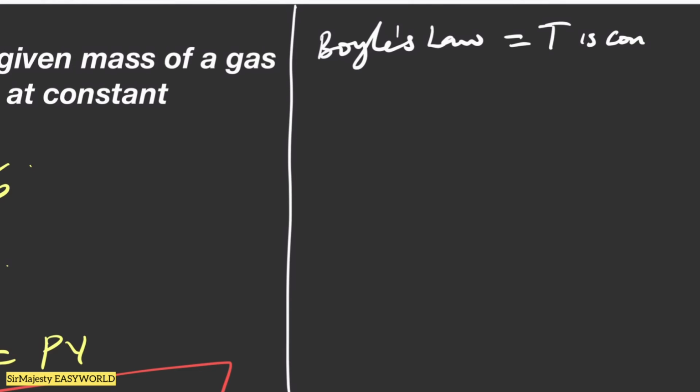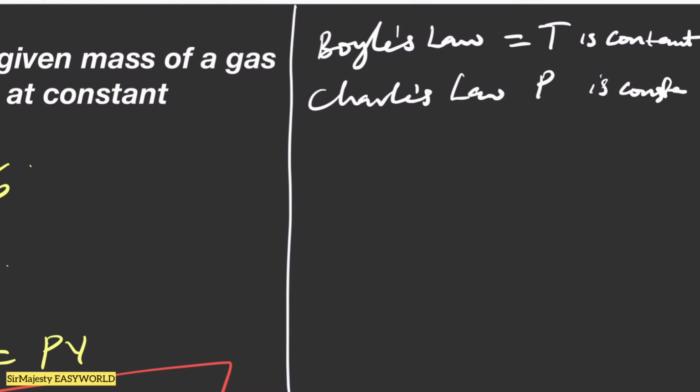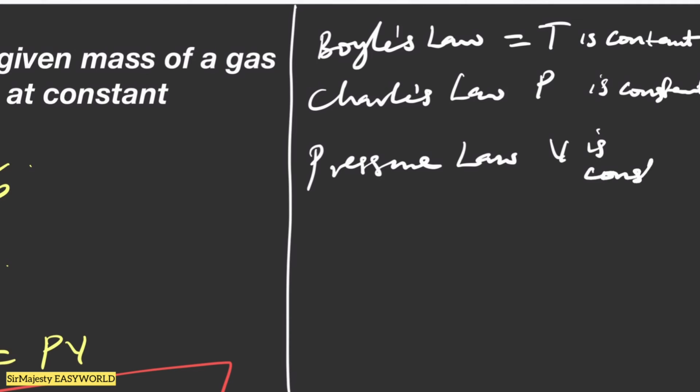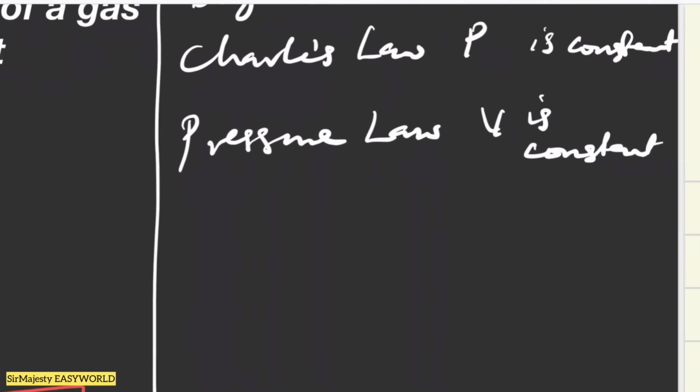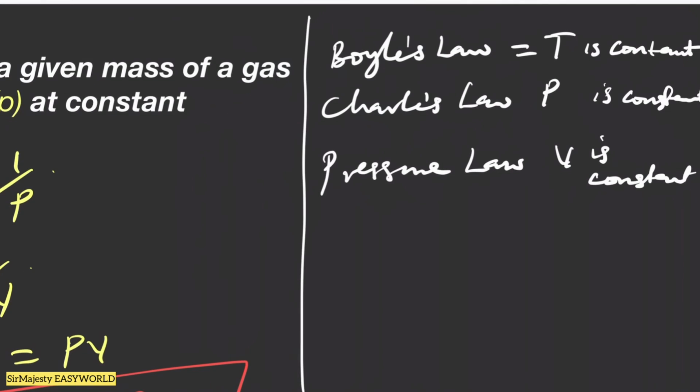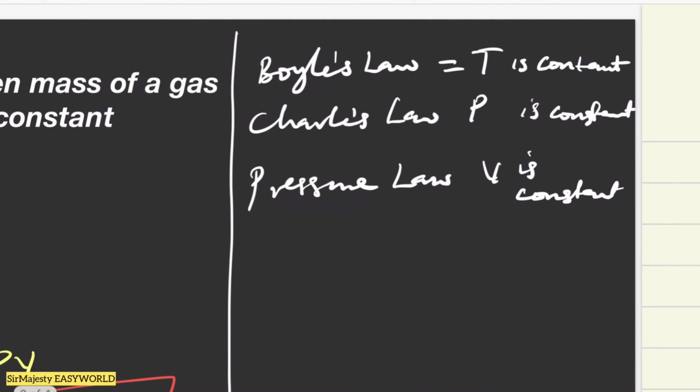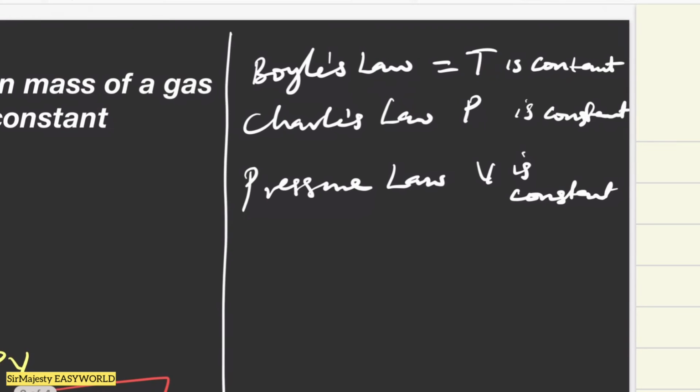So we say that temperature is constant in Boyle's law. Then in Charles' law, pressure is constant. Then in the pressure law, volume is constant. So in a situation whereby all these three vary, you call it the general gas equation.